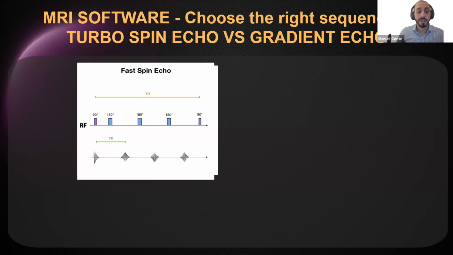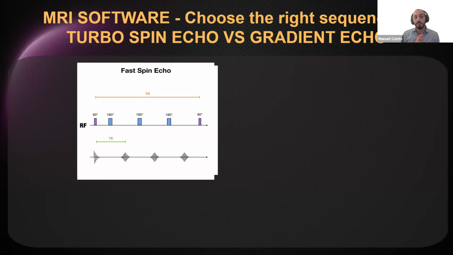A turbo spin echo is like a standard spin echo, but instead of using one 180 refocusing pulse, we use a train of 180 refocusing pulses. This makes the scan faster. In this image, there are three 180 pulses, and this is called the turbo factor in Siemens, or echo train length.